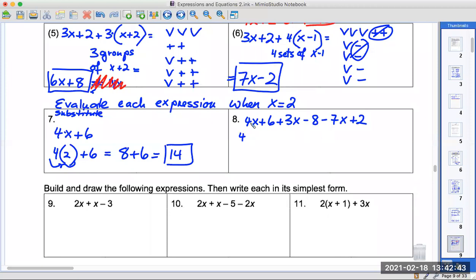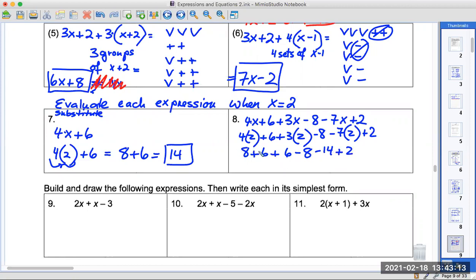So it's a times. 4 times 2 plus 6 plus 3 times 2. So for every x gets a 2. Minus 8 minus 7 times 2 plus 2. 4 times 2, you multiply first, plus 6. 3 times 2, 6, minus 8. 7 times 2, 14, plus 2.